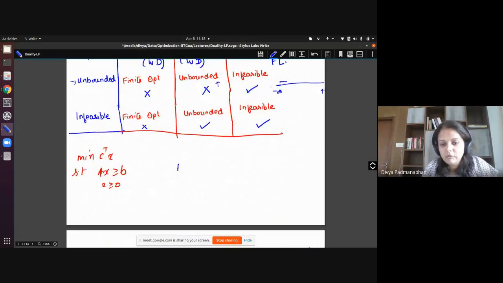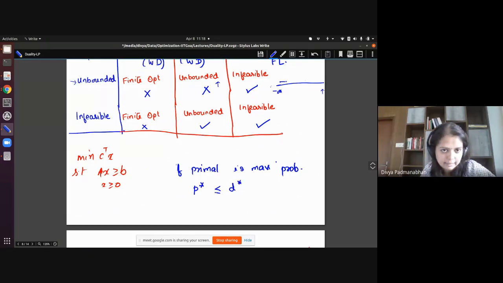If the primal is a maximization problem, then the primal optimum is less than or equal to D star, the dual optimum, which is an upper bound. So weak duality boils down to this in that case.